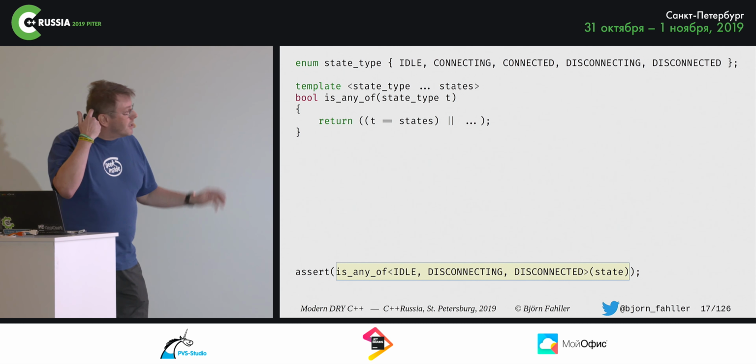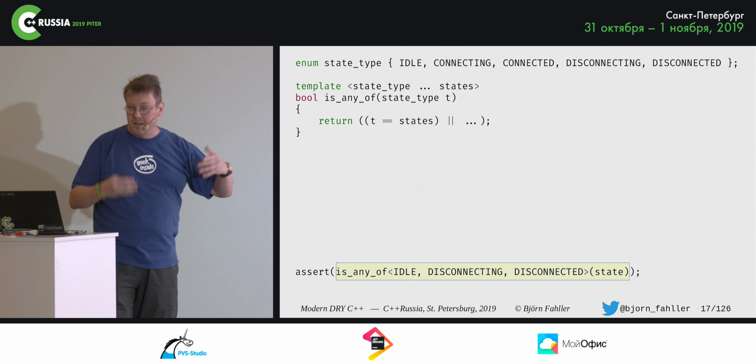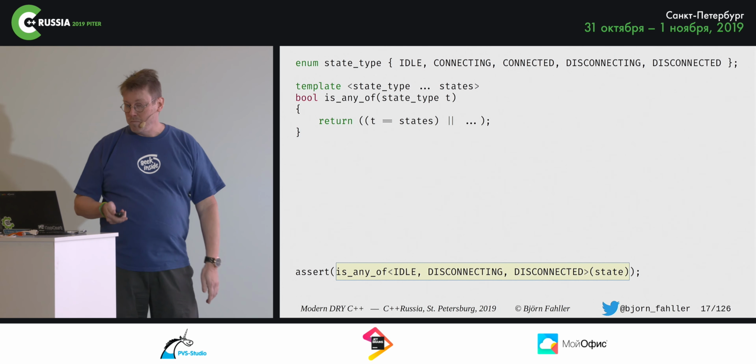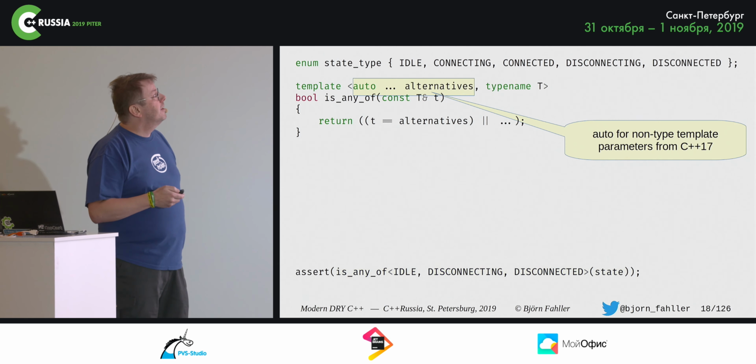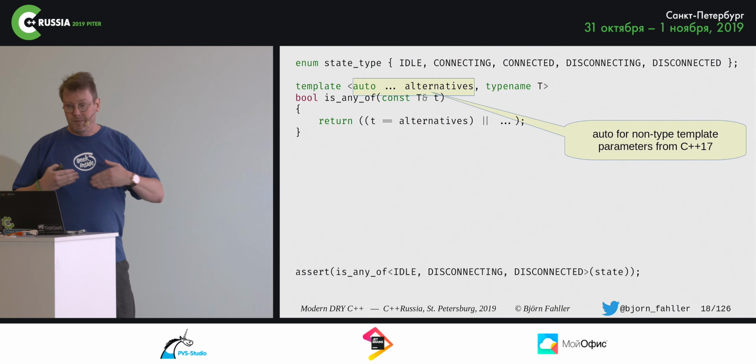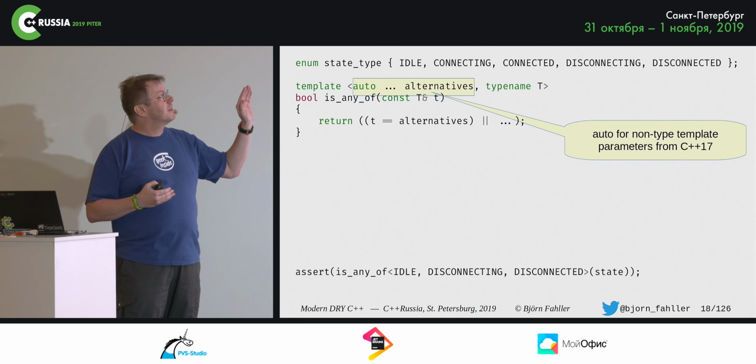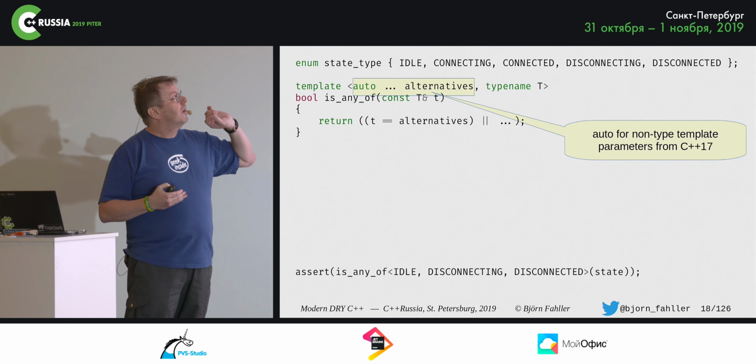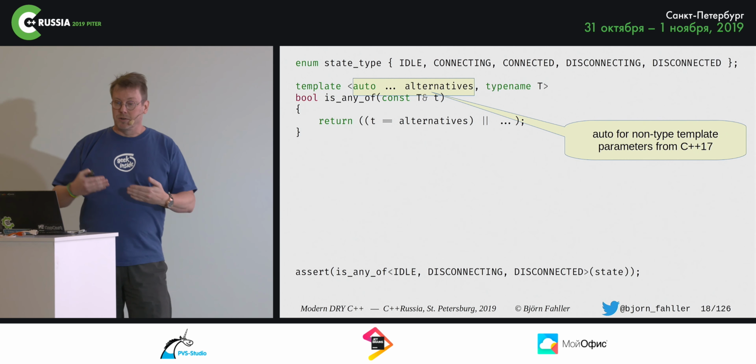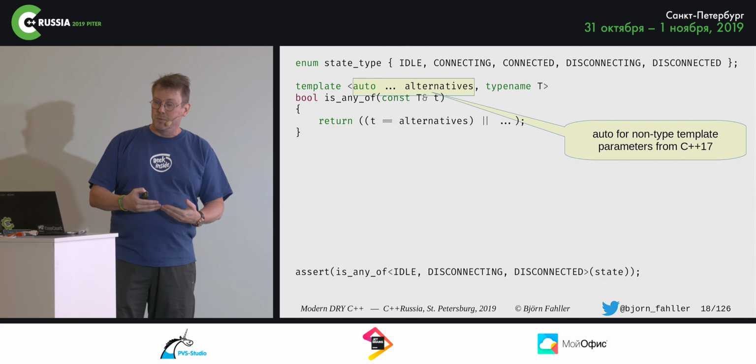So then we can write it is any of idle, disconnect, and disconnected state. We can generalize it a little bit further. If we're in C++17, we have this availability of writing template auto, let the compiler deduce what the type is.